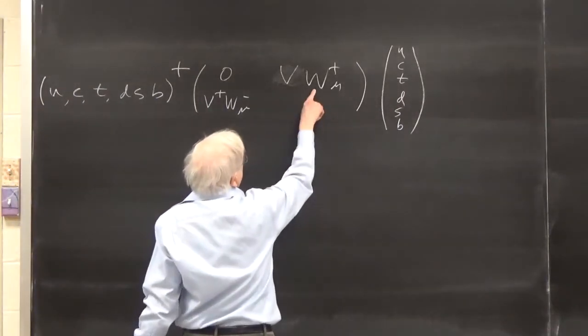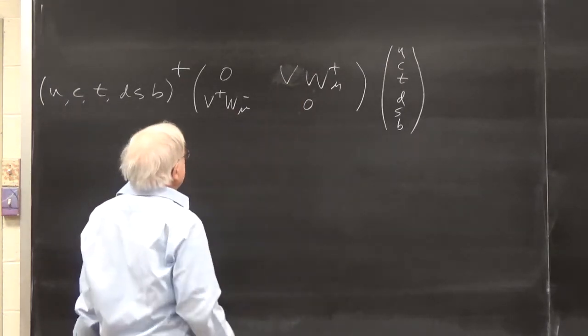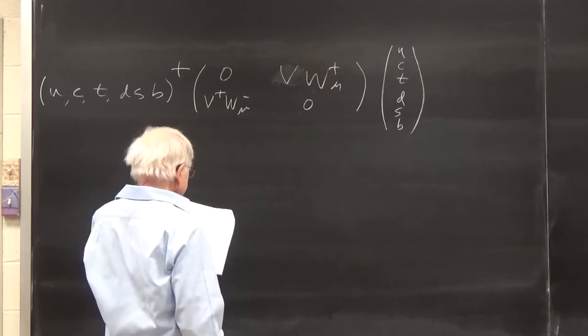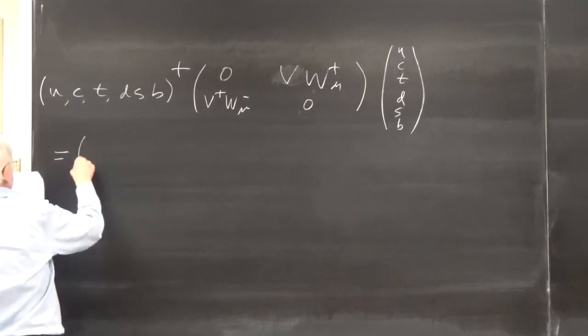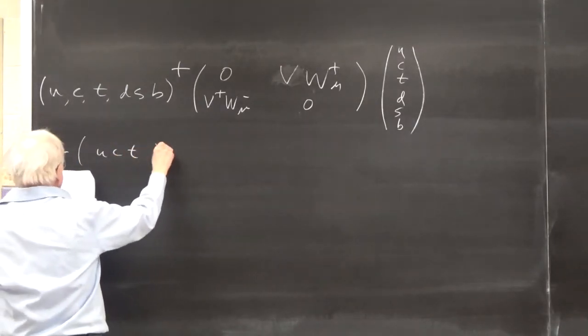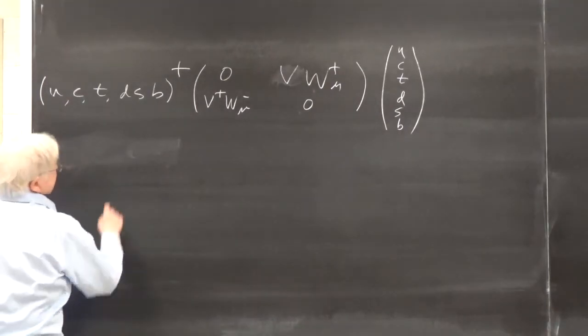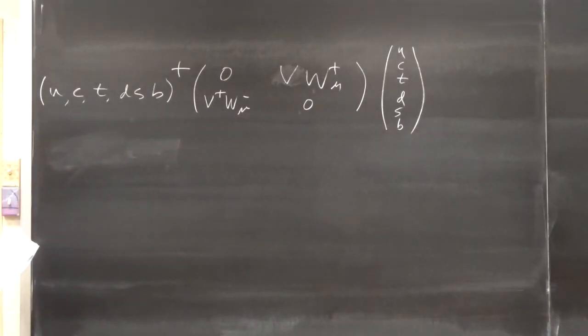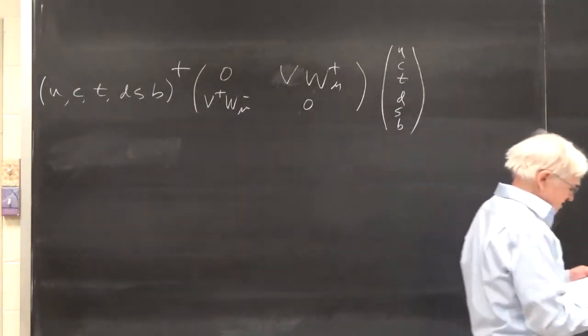These are just single entries. This doesn't have a matrix structure. This is 3 by 3, and this is a 3 by 3, 0. So we can rewrite this as U C T V. Actually, I think there's a mistake in that equation. Let's just leave it like that. I'm going to have to think about how to rewrite this in a nicer way.